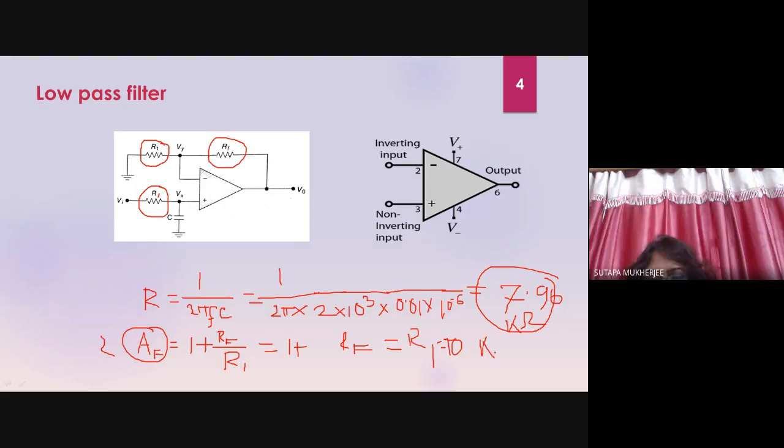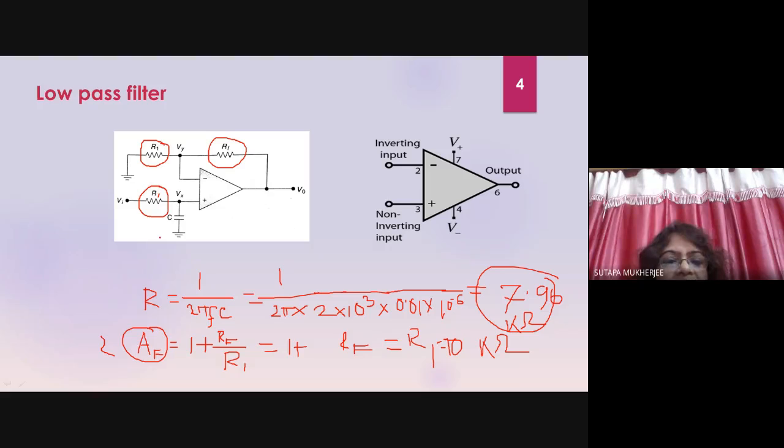Now if you draw the filter, how can you draw it? So what is the outcome?